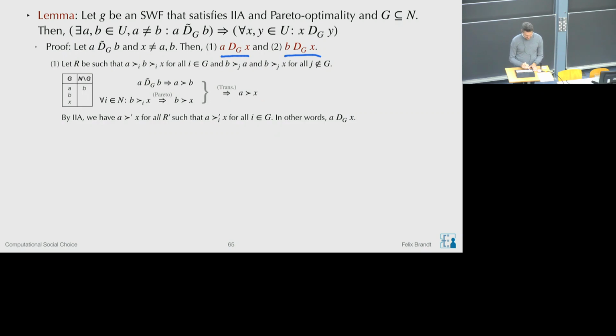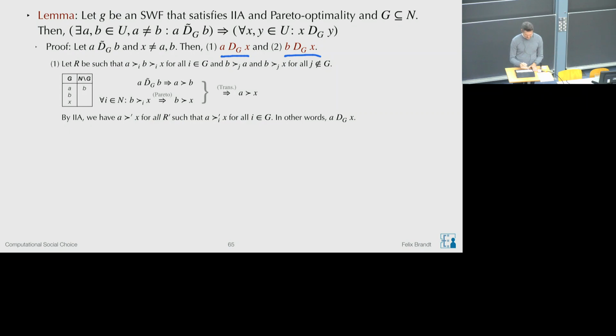Or maybe slightly more formally, by independence of irrelevant alternatives, we have that in any profile R prime in which all the voters in G prefer A to X, A has to be collectively preferred to X. Because the only thing that we know about this class of profiles here in terms of the ranking of A and X is that everybody in G prefers A to X and everybody who's not in G doesn't.